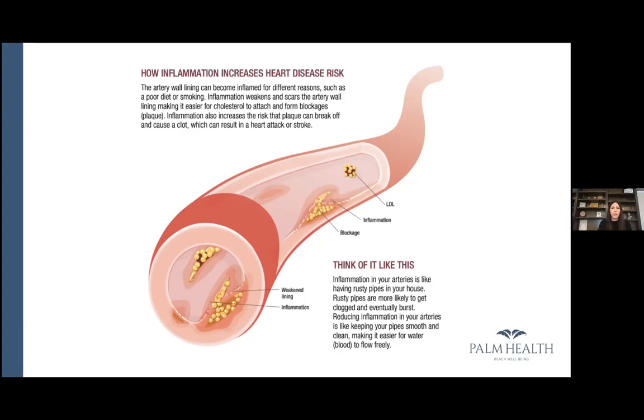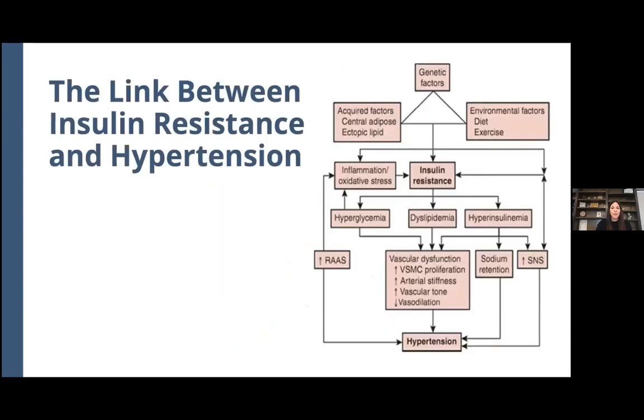So that's a really important consideration, is the level of inflammation that we know sugar creates. So over time, as those arteries start to get more inflamed, eventually that leads us to high blood pressure. And that is another important risk factor for heart disease.